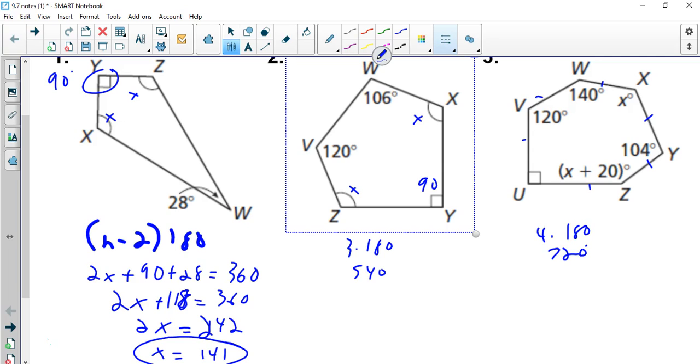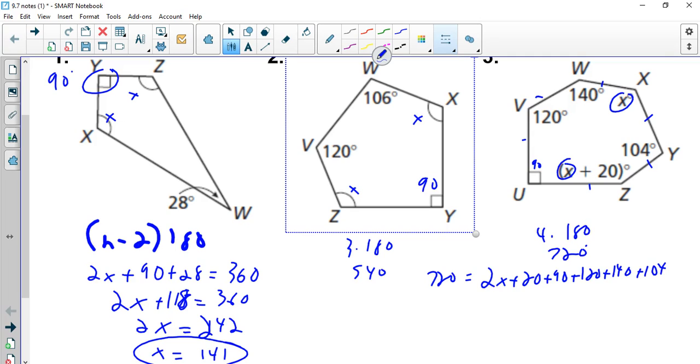So in this one, again, this is 90. We have an x and an x, so that's 2x plus, and then you should start listing the numbers. 20 plus 90 plus 120 plus 140 plus 104, equals 720. If you wanted to, you could add all those numbers up first.